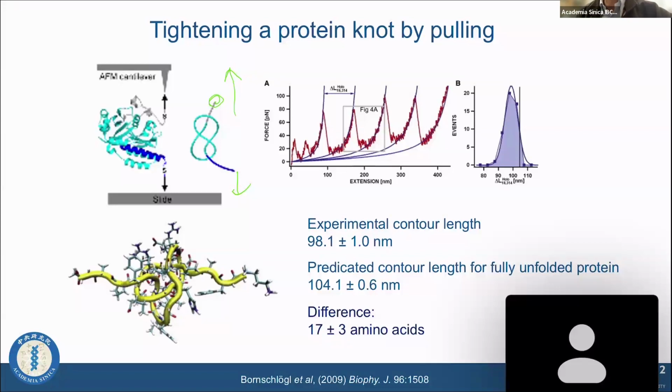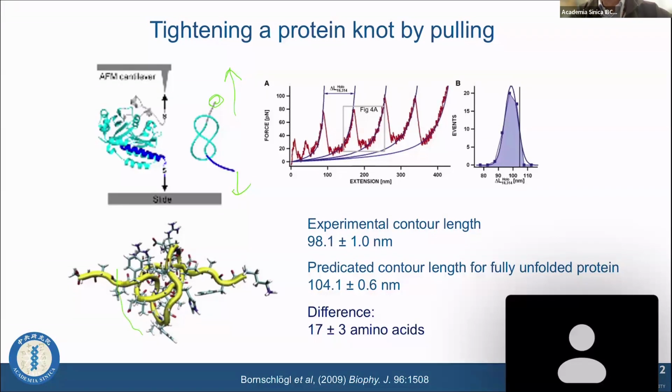For this protein, if it's unknotted, a linear chain, the predicted contour length is about 104 nanometers, but experimentally they observed only 98 nanometers. That corresponds to a difference of about 17 to 20 amino acids, based on the force-pulling molecular dynamics simulation shown here.